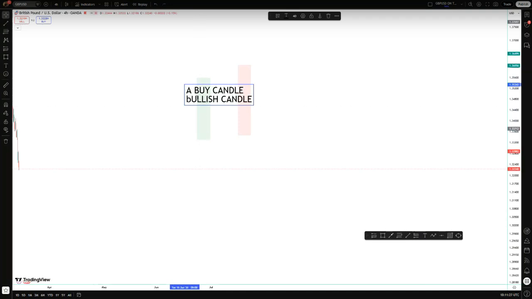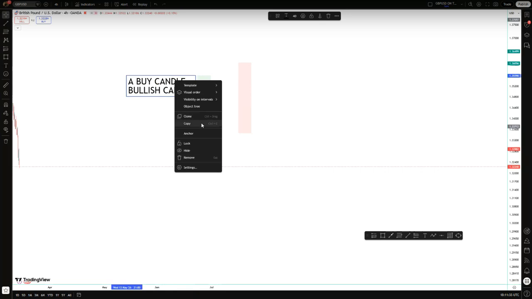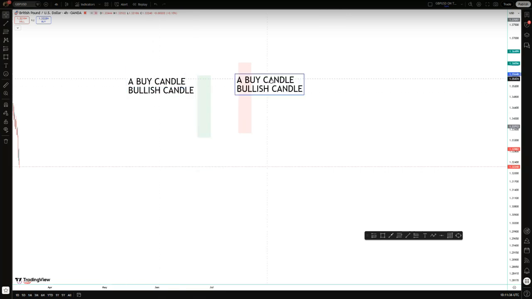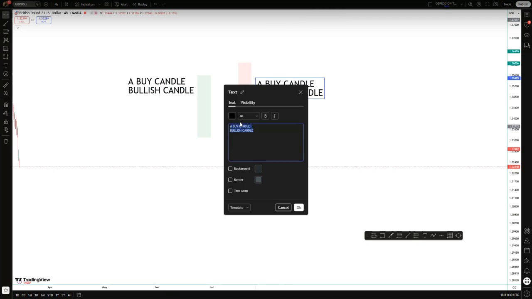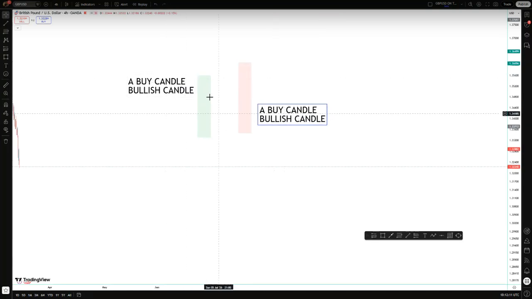And then the red means a sell candle or a bearish candle. So we have the green, we have the red.